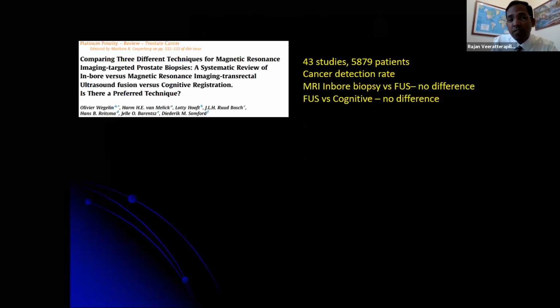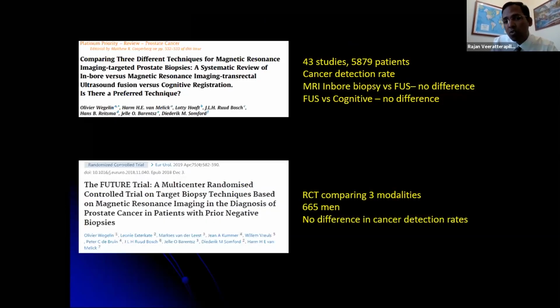Is there much of a difference between the techniques? Well, not really. Systematic reviews haven't really shown the benefit of one over the other. So the message is cognitive fusion is the way to go if you haven't got access to the more software or in-bore techniques. And finally, where are we going next with all this?